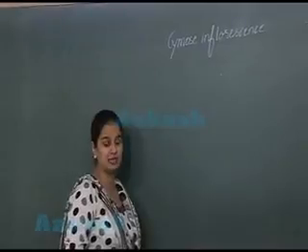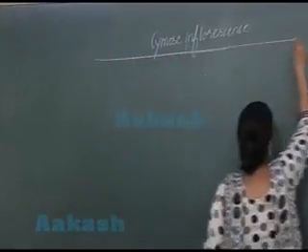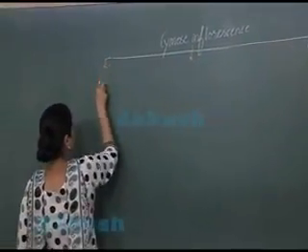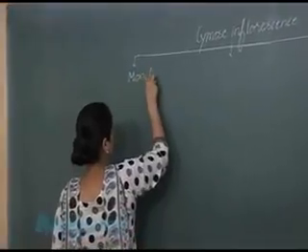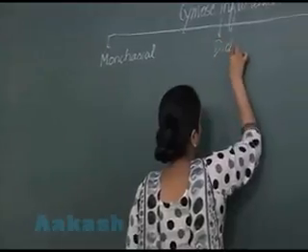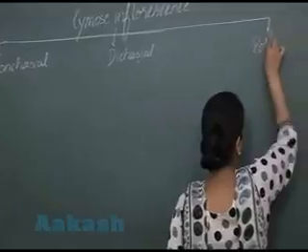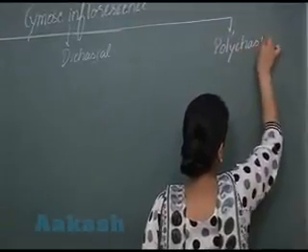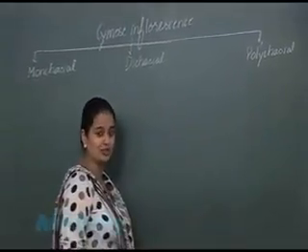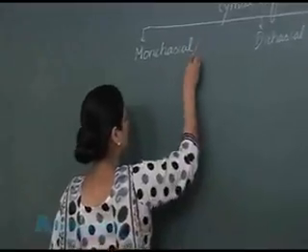So here I will be dealing with the types of cymose inflorescence. So the three types I will be dealing with here: that is monochasial, dichasial, and polychasial. Now let's first start with the monochasial. Now the monochasial inflorescence, it is also known as uniparous.